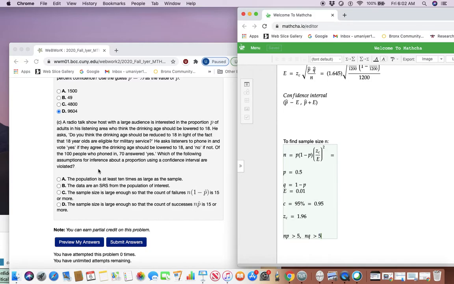Which of the following assumptions for inference about a proportion using a confidence interval are violated? The population is at least 10 times as large as the sample. Data are an SRS from the population of interest. The sample size is large enough, so the count of failures is 15 or more. The sample size is large enough, so the count of successes and p hat is 15 or more.